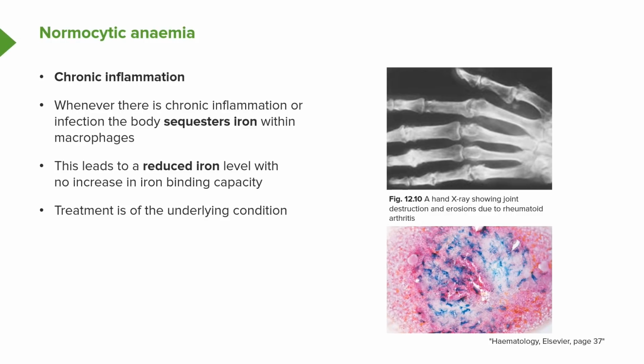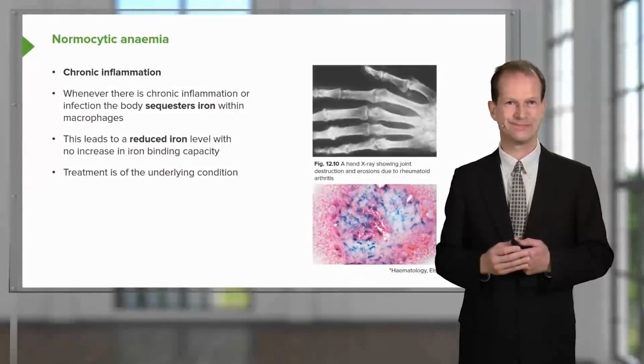It's quite a nice illustration of how iron really has to be very carefully regulated within our body. Now, the treatment of anemia of chronic disease is really to treat the underlying condition. Treat the rheumatoid arthritis, or perhaps the malignant disease, or whatever it may be that's leading to this condition. And then the rest of the anemia will sort itself out.